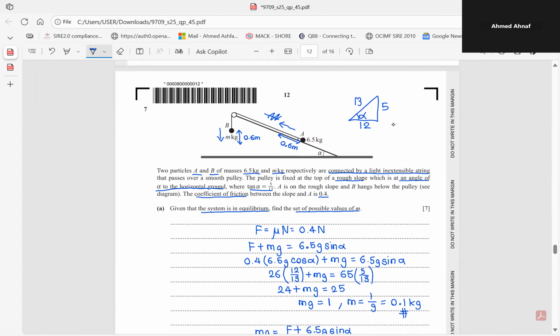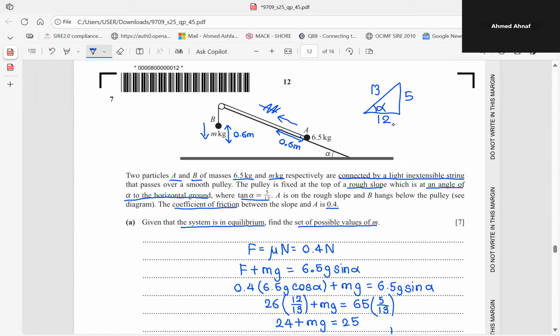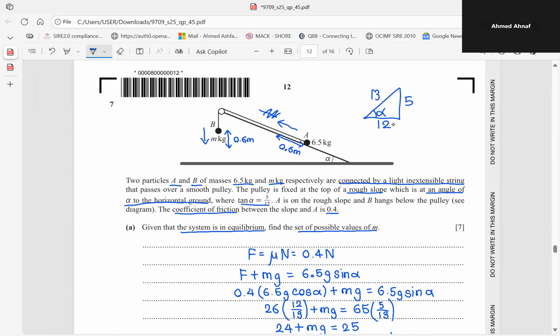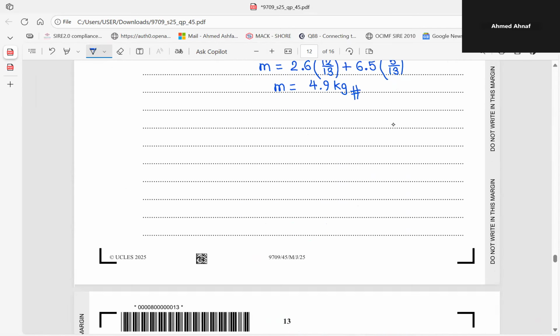Okay, and then after that, the GPE is converted to kinetic energy. Since both of them are connected, we can assume they're both moving with the same speed.